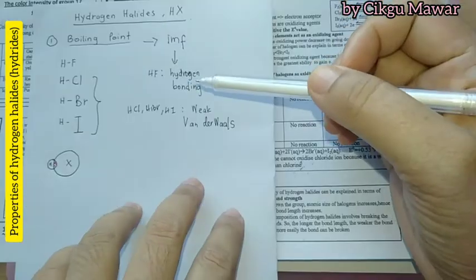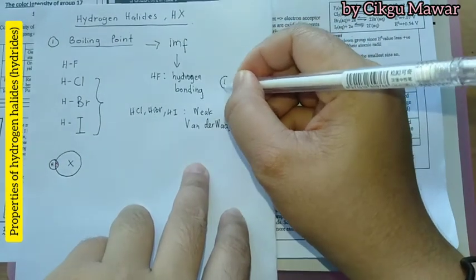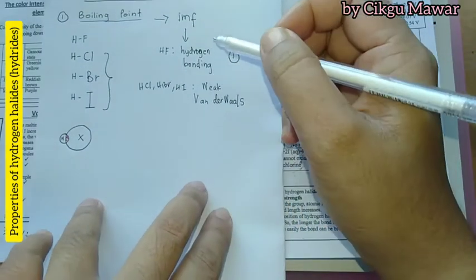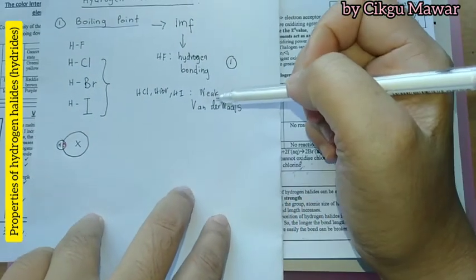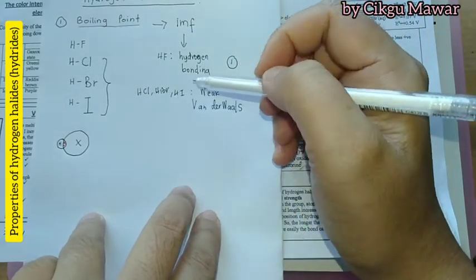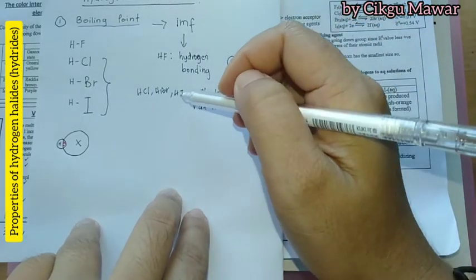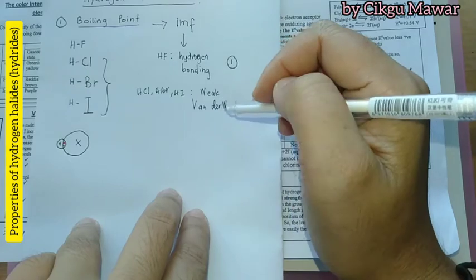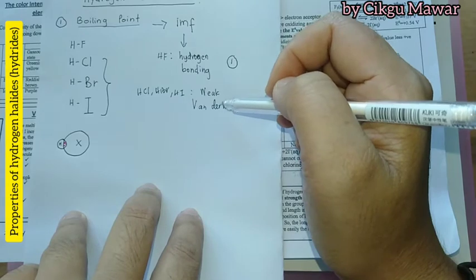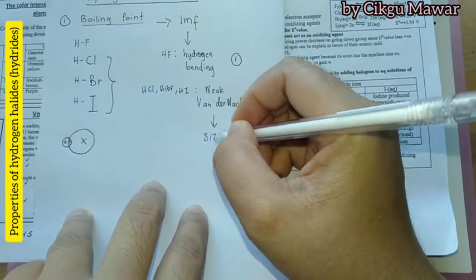From these intermolecular forces we know that hydrogen fluoride has the highest boiling point since it has hydrogen bonding. But how do we compare the strength of HCl, HBr and HI, since they share the same intermolecular forces, which is weak van der Waals forces? Since they share the same forces, we must refer to the size.